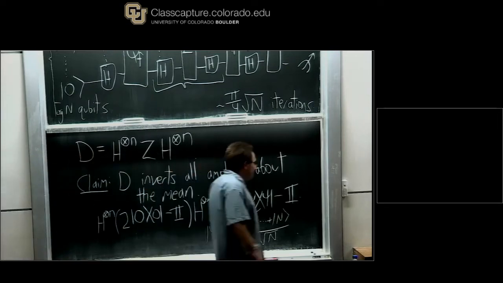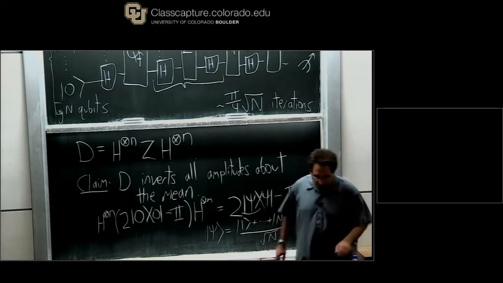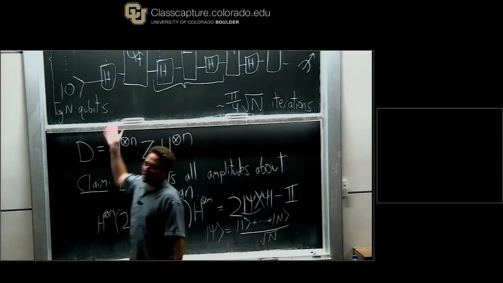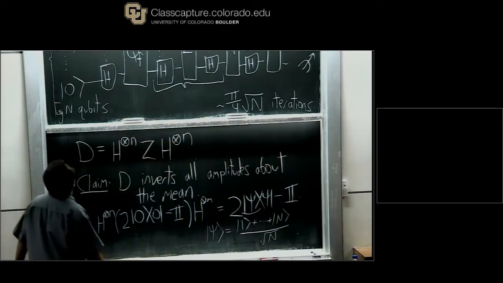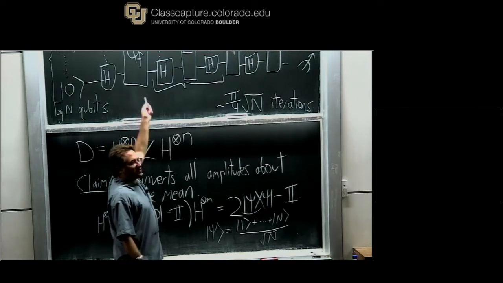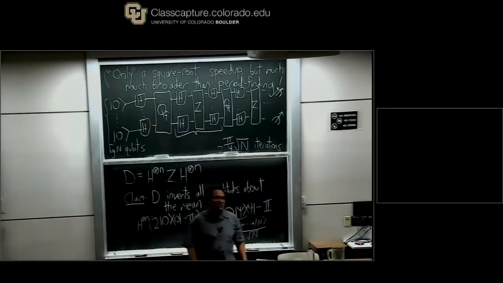So effectively, what we're doing is alternating two different types of operations. Namely, queries to F, which invert the amplitude. And by the way, I should say these are phase queries here.